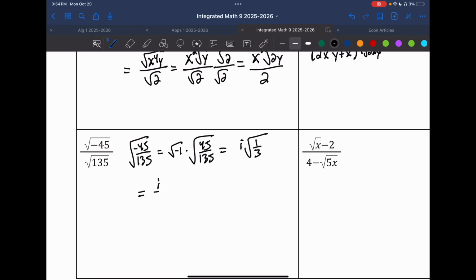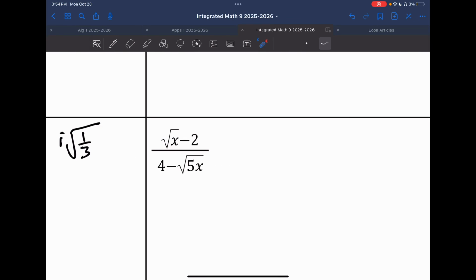The same as saying i over root 3, which is the same as saying i root 3 over 3. So remember, we can put it all inside one radical, split out the i, simplify what's inside, right? 45 goes into 135 3 times, and then just rationalize the denominator there.